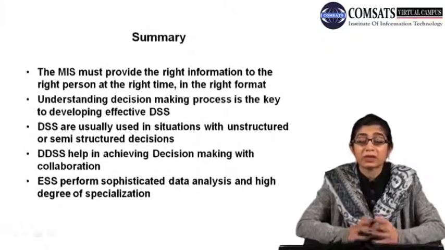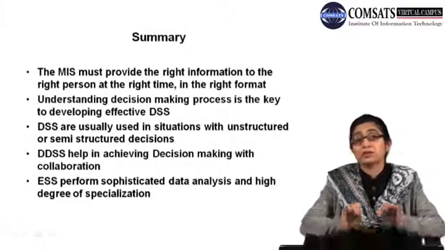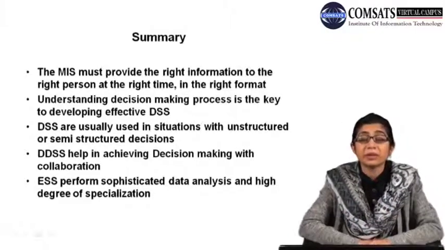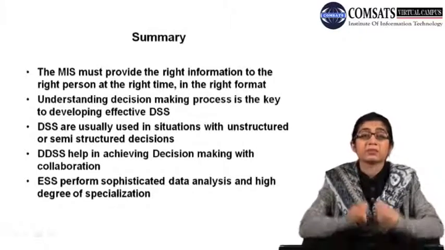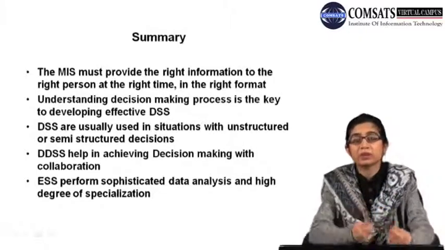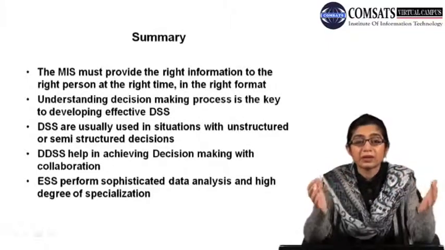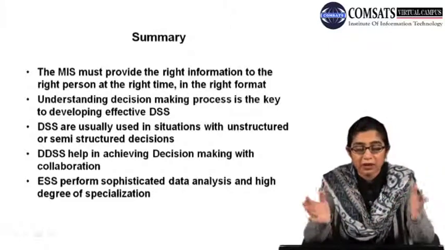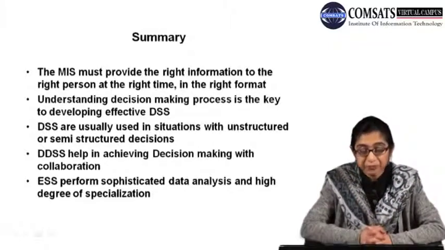They must provide the right information to the right person at the right time in the right format. This was the basic tagline of management information systems, providing information in the form of summaries, reports, comparisons, or different kinds of tables so that managers can do their task in the right way.